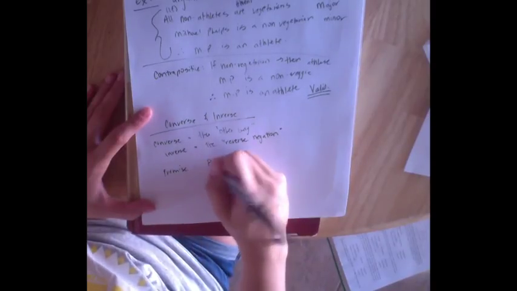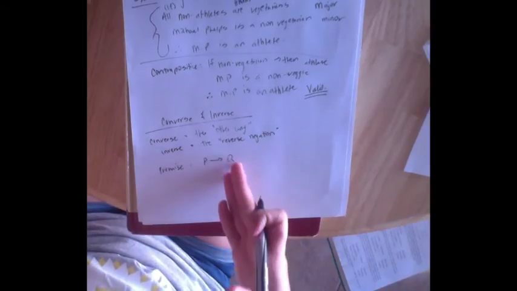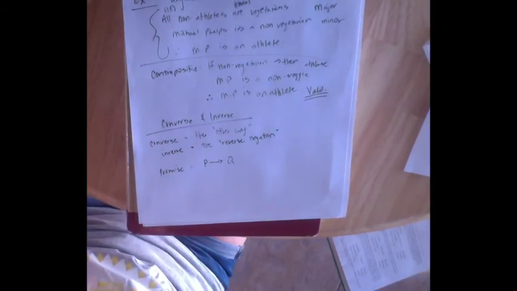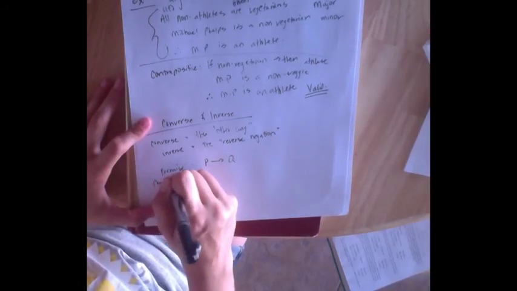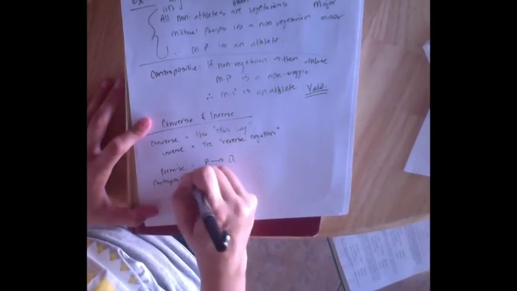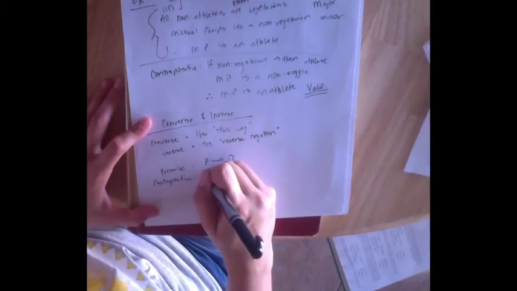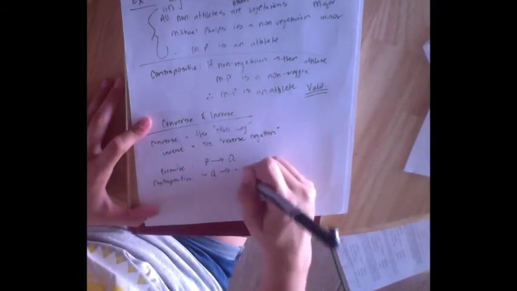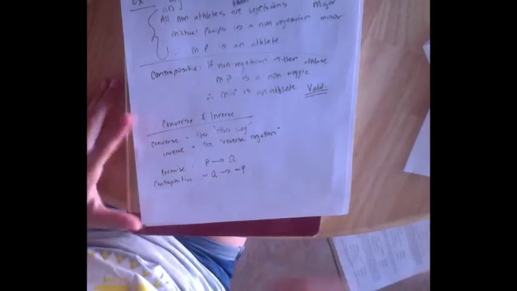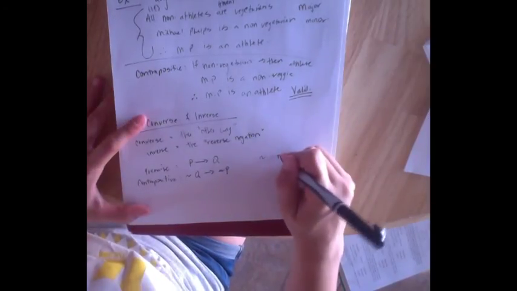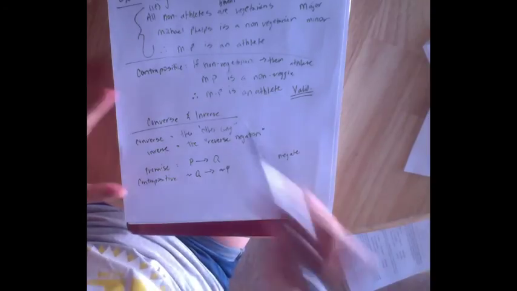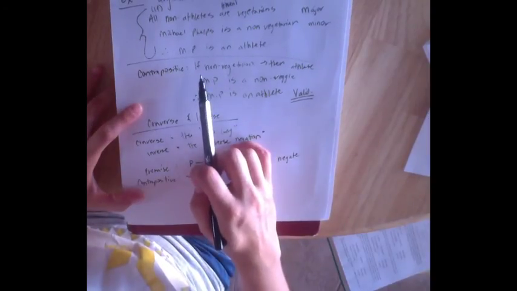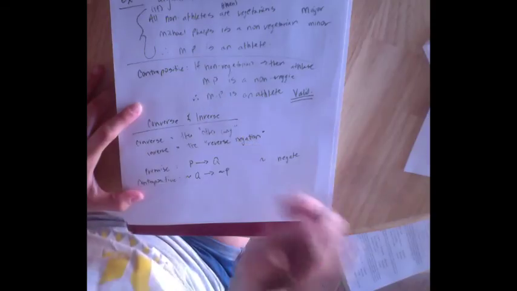We could say if P, then Q, right? If chicken, then has 3 legs, okay? My contrapositive: I negate Q, then negate P. This means that here we said if non-vegetarian, right?